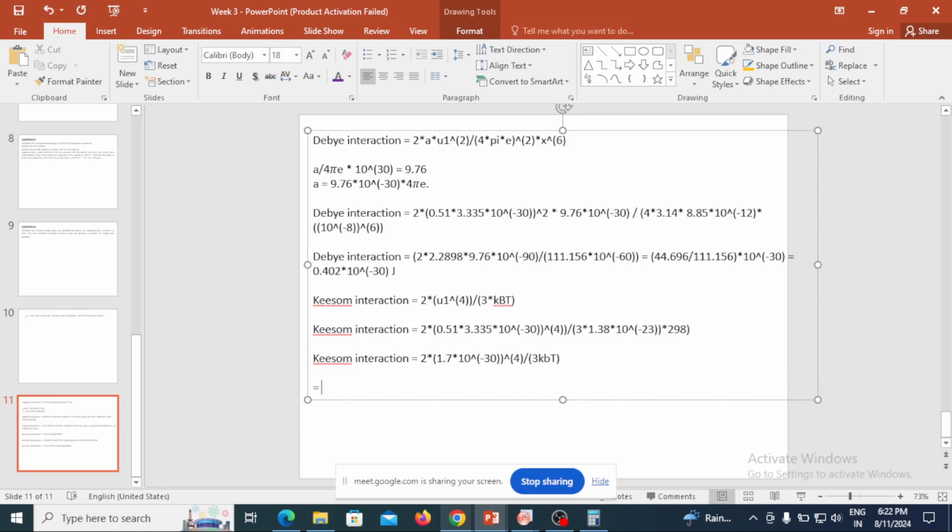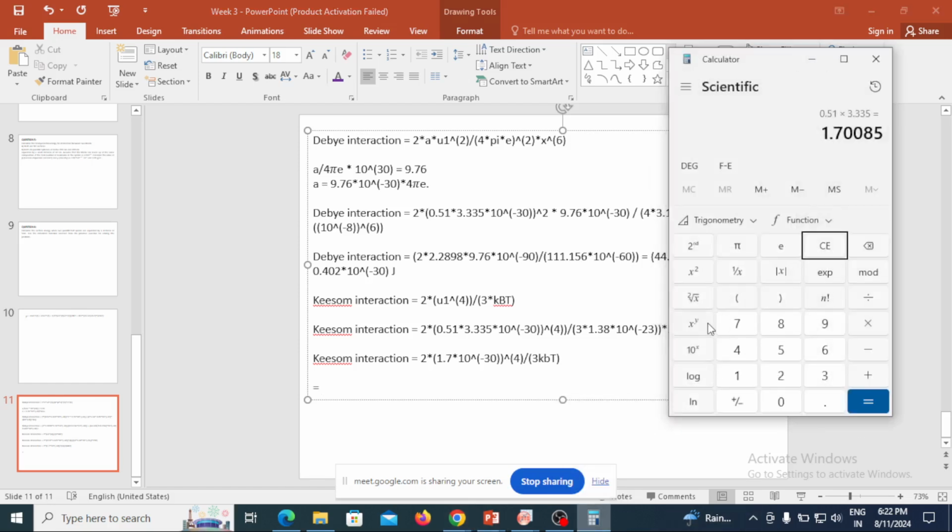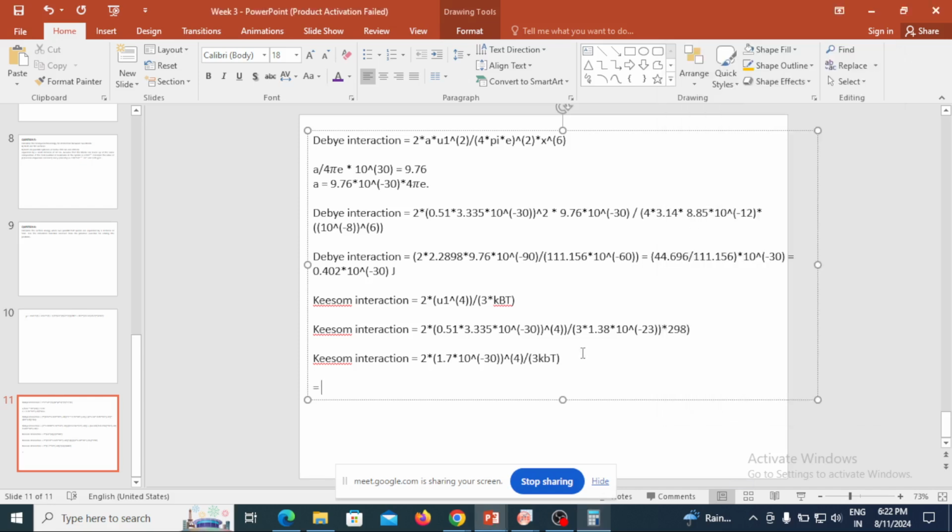So 1.7 whole power 4 is 8.368 times 10 to the power minus 120, because minus 30 times 4 is minus 120, times 2, divided by 3 kBT.